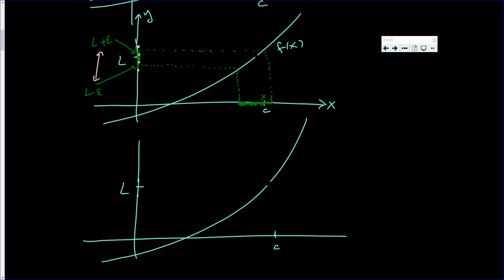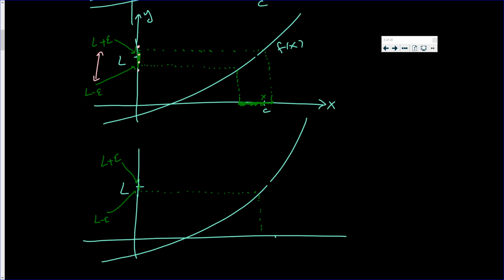But now what we do is we pick a smaller epsilon. Remember, for any epsilon, you can find the delta, L minus epsilon. So now we have a pretty small neighborhood around L. And once again, I probably have C wrong, but we'll fix that.